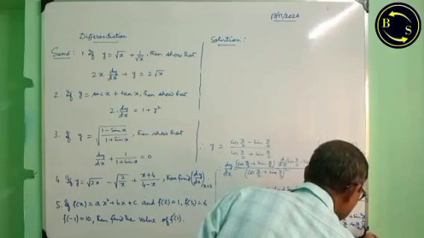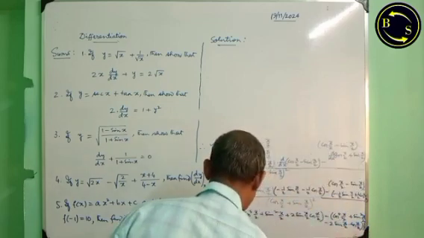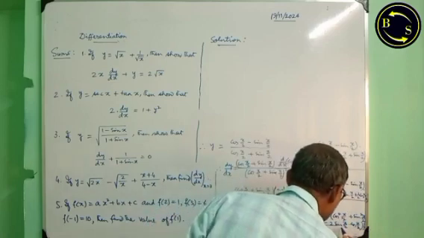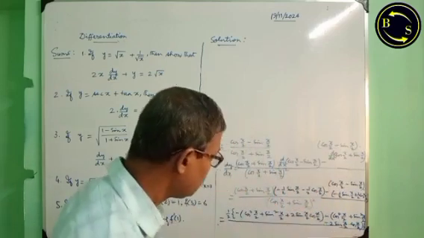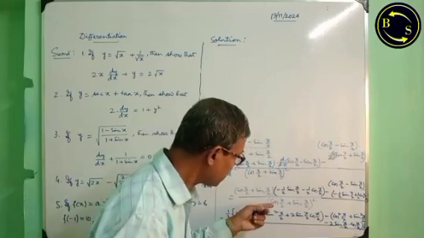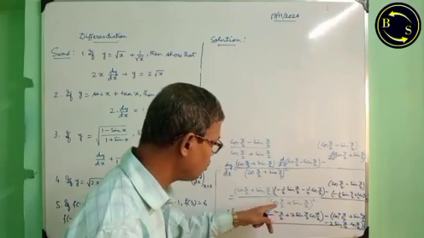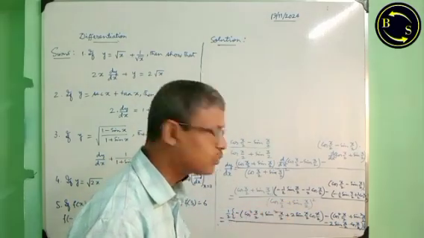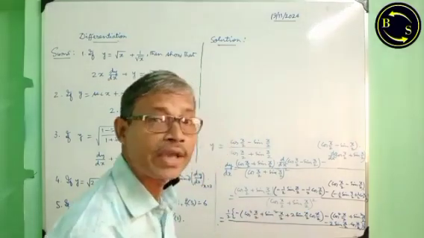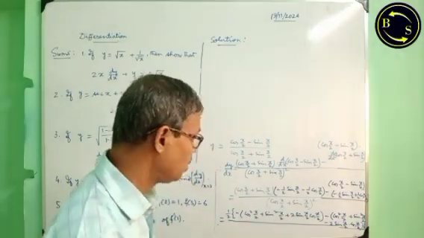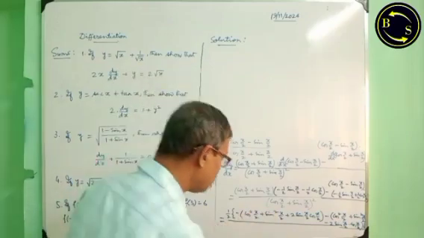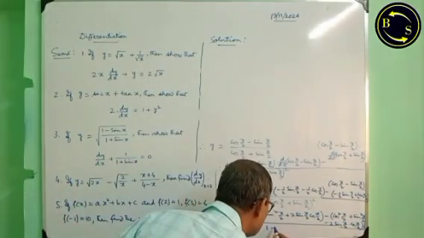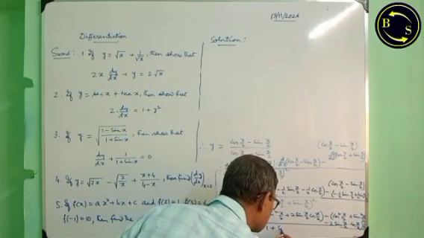And the second bracket is closed, and the denominator, if I take the expanded form, will be cos square x by 2 plus sin square x by 2 plus 2 sin x by 2 cos x by 2. Cos square x by 2 plus sin square x by 2 is equal to 1. Therefore, finally it will be 1 plus sin x.